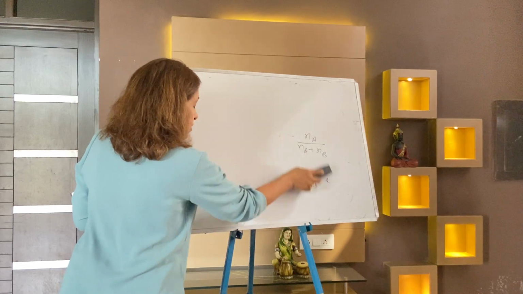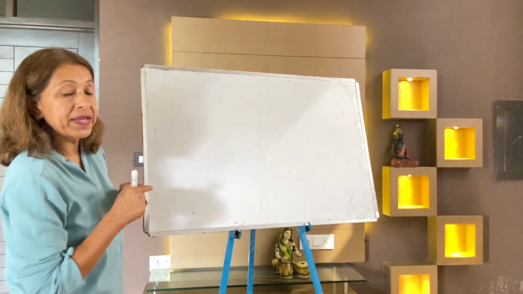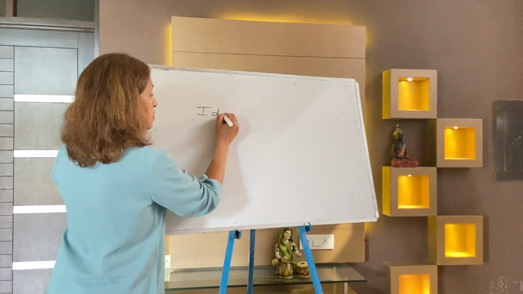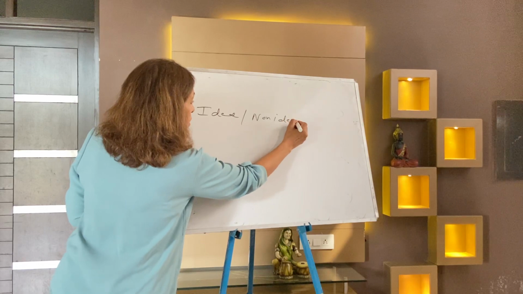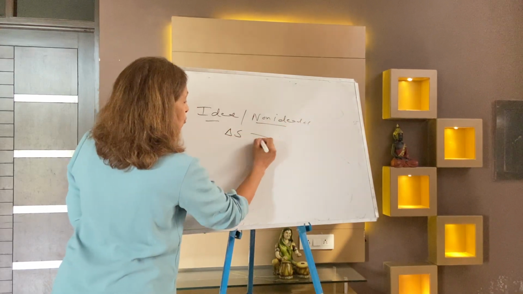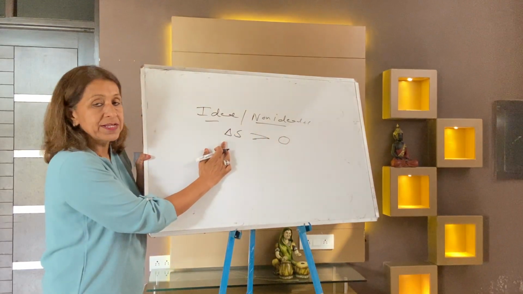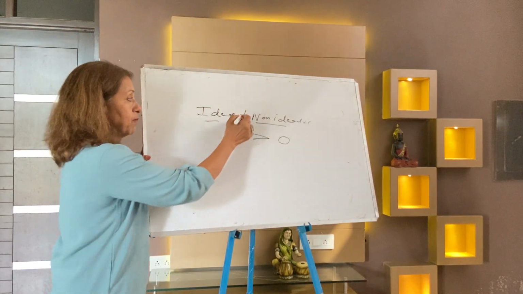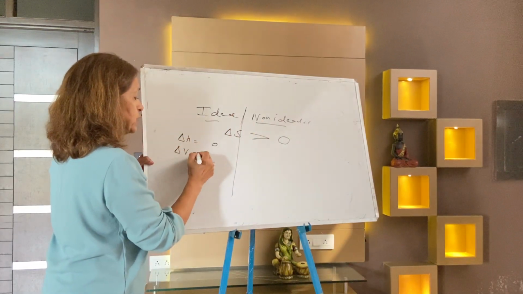So this lesson is now left with only one topic: ideal and non-ideal solutions. In both ideal and non-ideal solutions, delta S is greater than 0. This is an MCQ question. But in an ideal solution, delta H is 0 and delta V is 0.